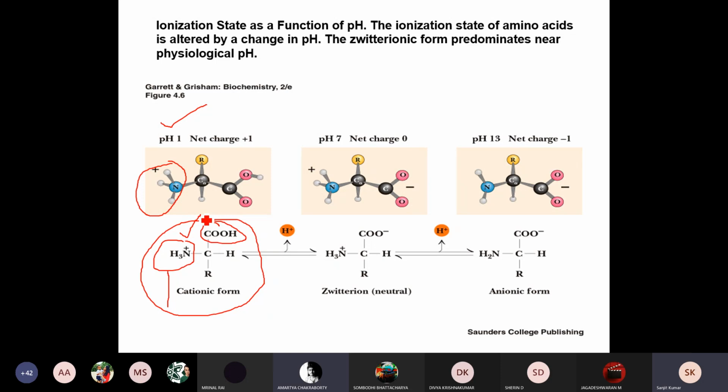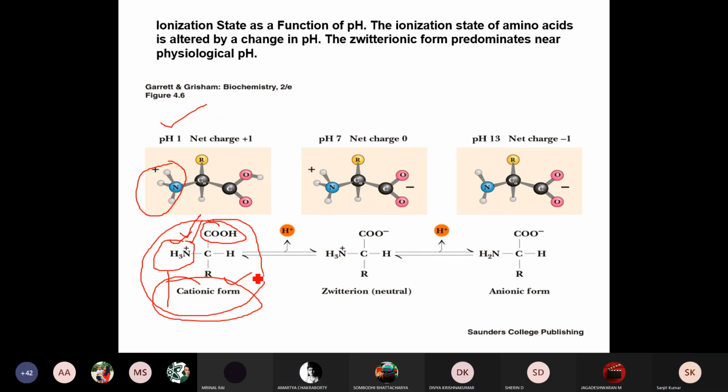If pH is 1, it means it is acidic in nature, and the hydrogen ion concentration is higher. So to maintain equilibrium, hydrogen will attach to the NH2 and it becomes NH3+, and this is called the cationic form. Are you understanding or not? Yes, sir.